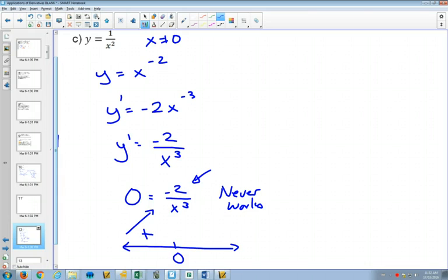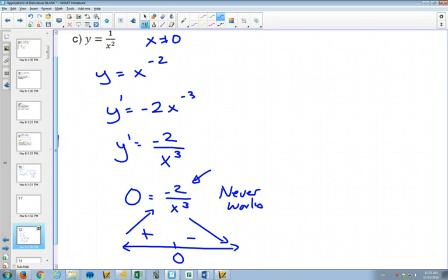After 0, if you plug in a positive number, while the top of our fraction is -2, the bottom will be a positive number. A negative divided by a positive will be negative. It's going to be decreasing after. So our calculus is telling us that it's increasing and then decreasing.